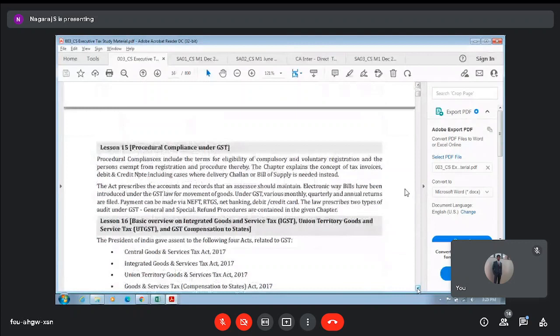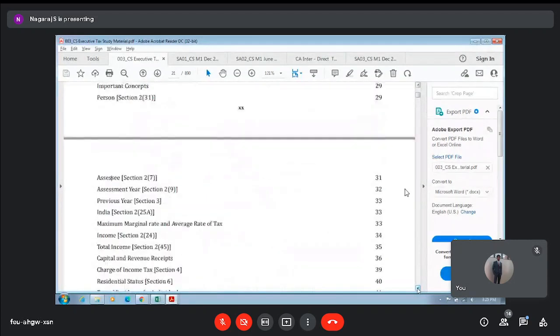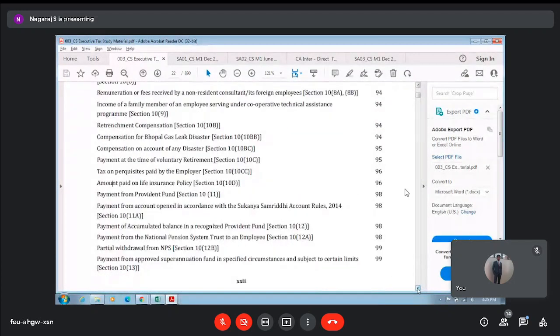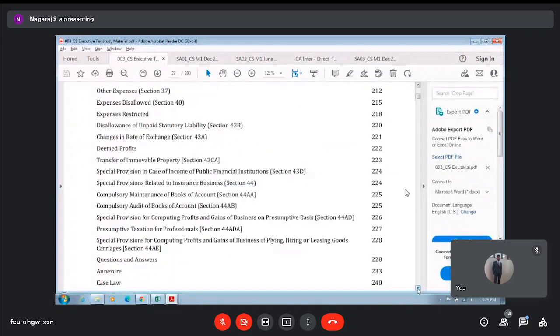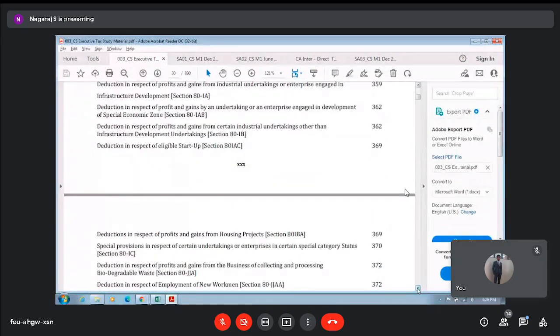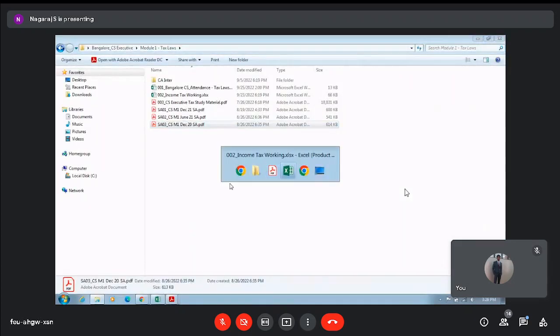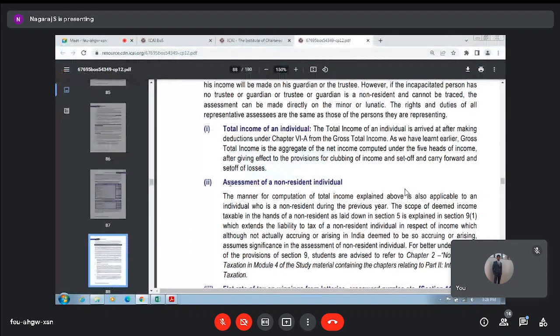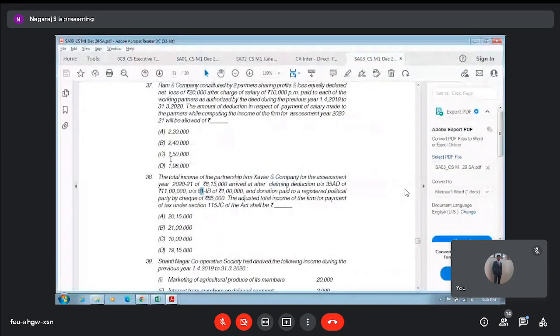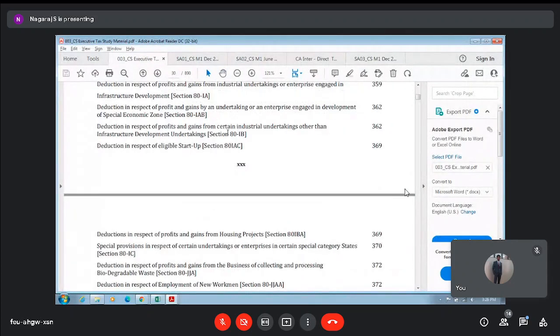Yes. You need to understand whether it falls within that or after that. Which is that section we saw? 80IB. This one. Okay. They are talking about this section.